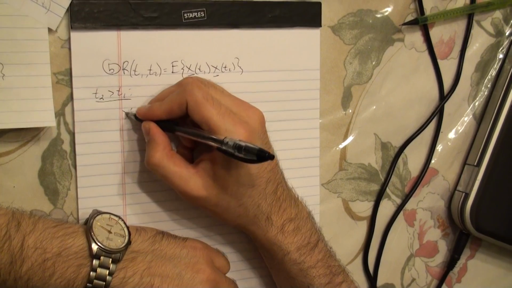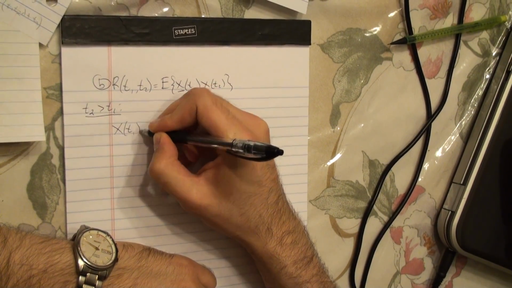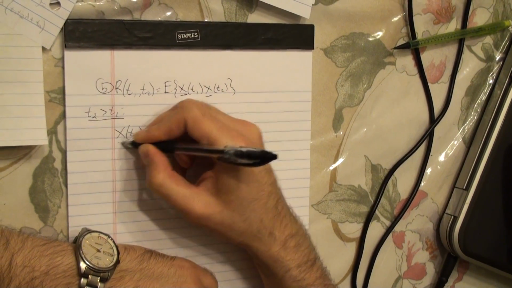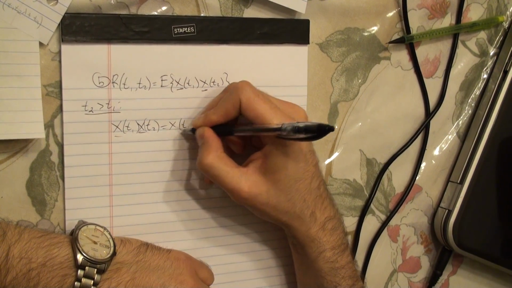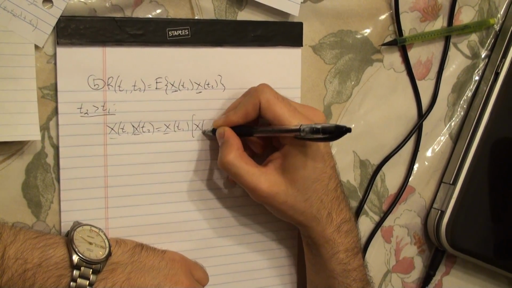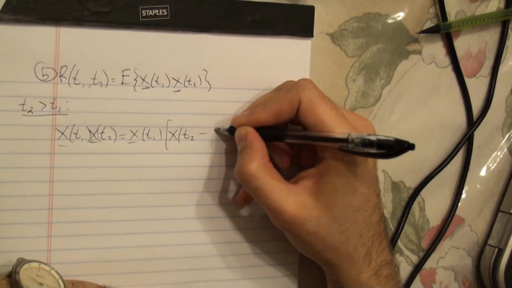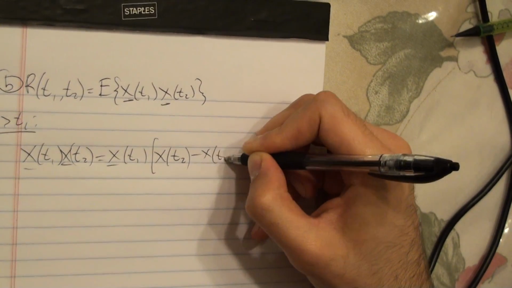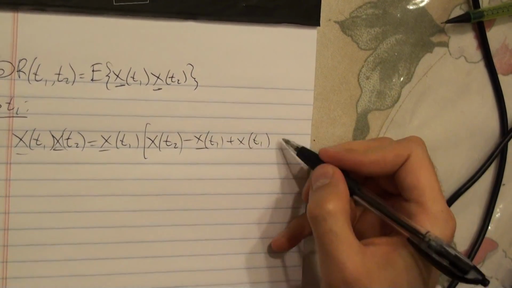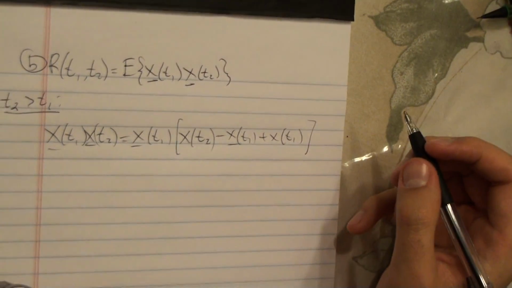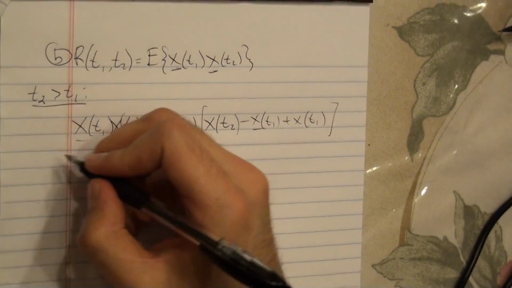So we can rewrite X of t1 times X of t2 as this, minus X of t1, X of t1. We can rewrite it as this. So we're going to plug that into the expected value.